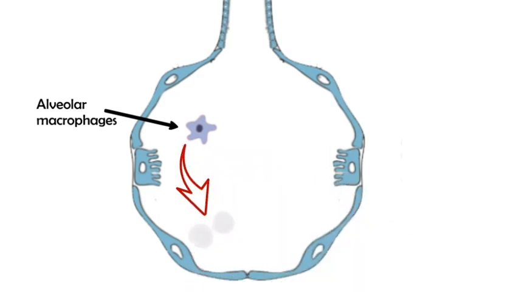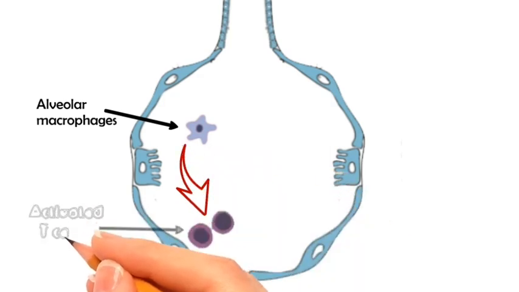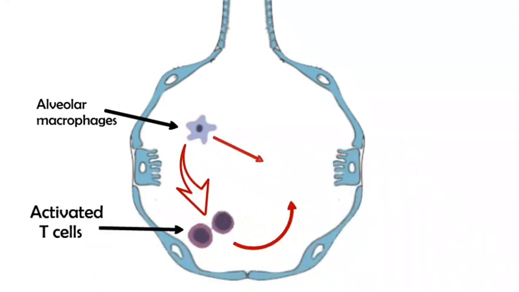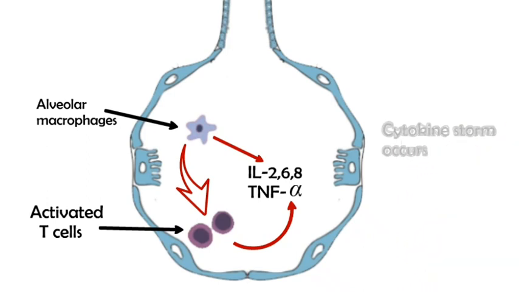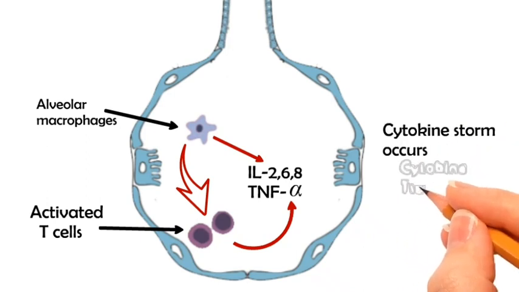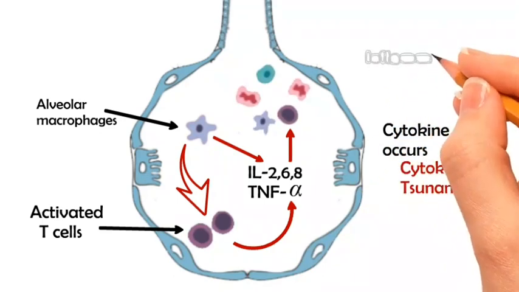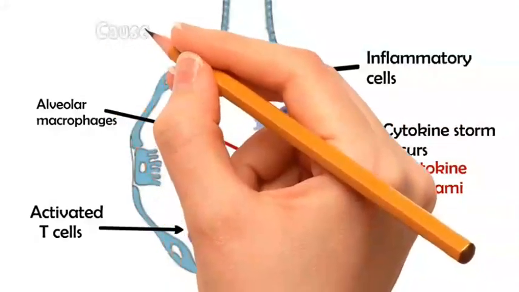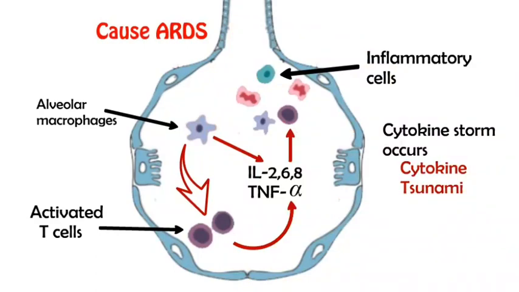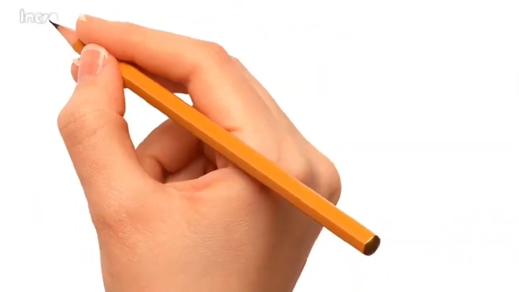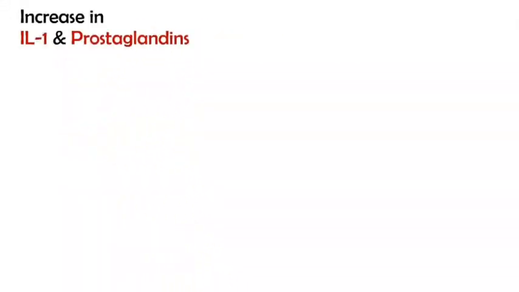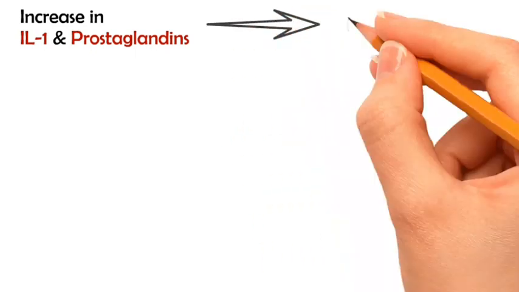Alveolar macrophages present in the lungs form activated T cells, releasing interleukins 2, 6, 8 and TNF-alpha, which results in cytokine storm known as cytokine tsunami. The infiltration of inflammatory cells into the alveoli causes acute respiratory distress syndrome. Increase in interleukin 1 and prostaglandins leads to fever.